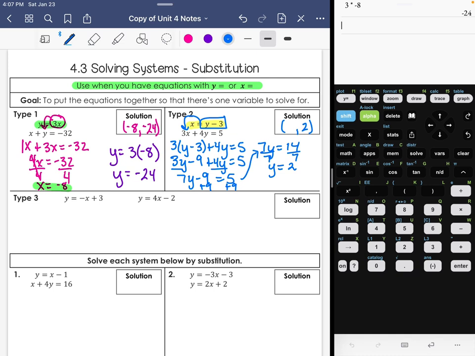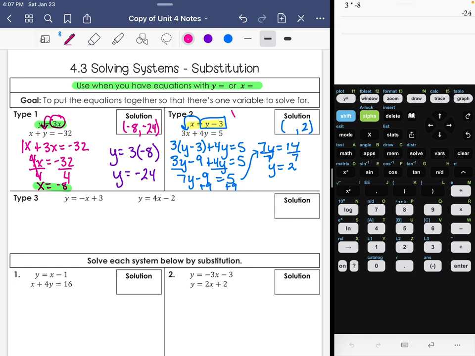Notice that I put it in the second spot because it's y, not x. Then you're going to substitute y equals 2 into that first equation where y is so that you can find out what x is. I'm going to do that up here at the top because I've run out of room.